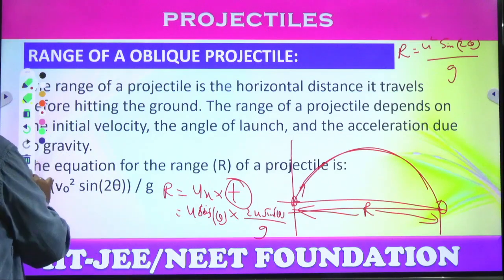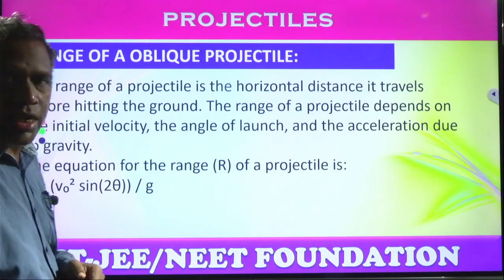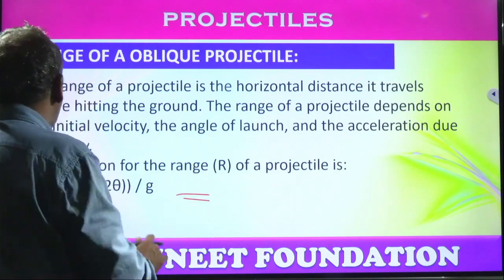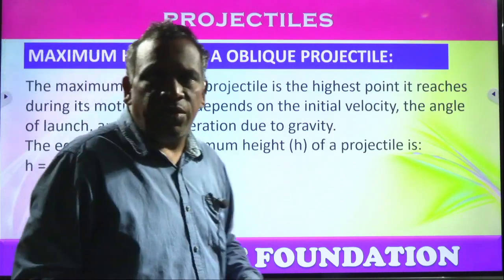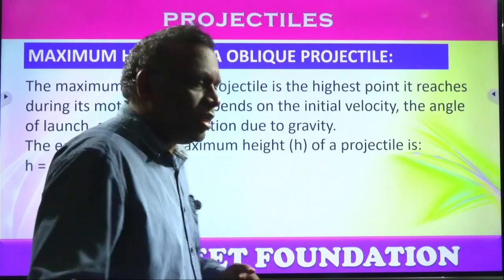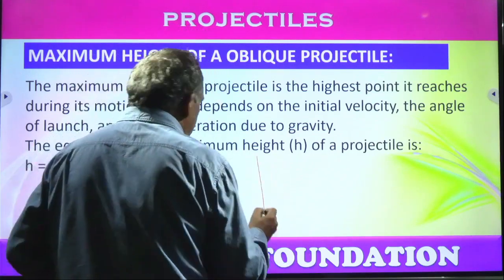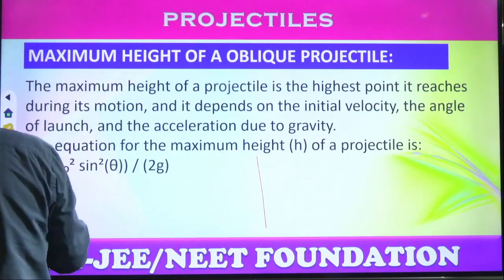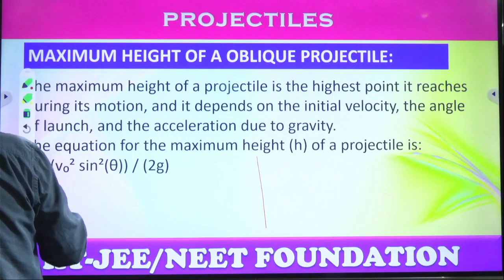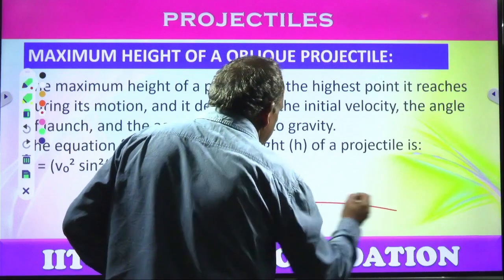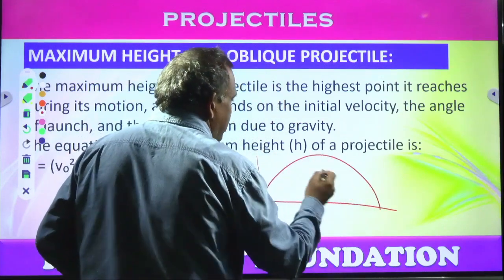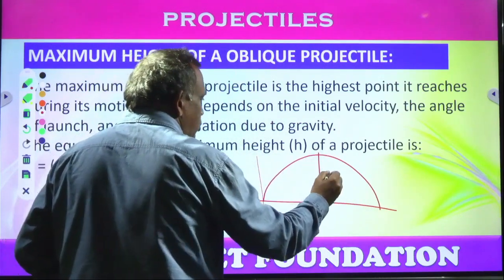See, coming to the next slide, that is maximum height. If a body is projected with a certain angle, the maximum height is the height at which the final vertical velocity of the body is equal to 0.